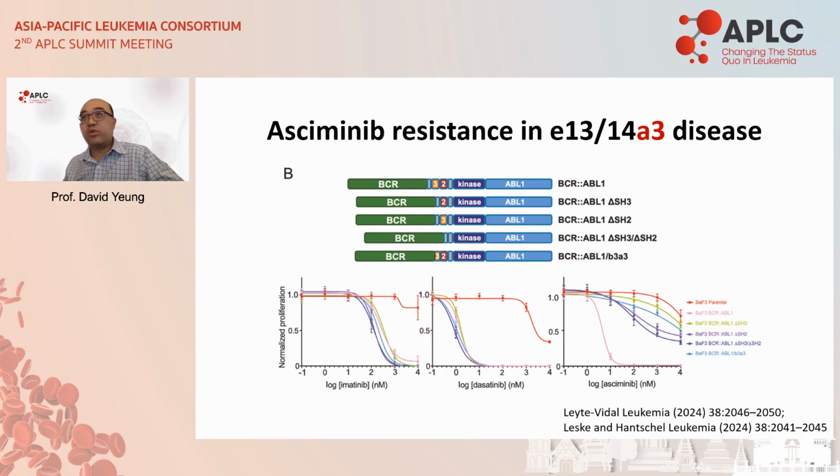And one of the most common clinical situations where that occurs is in the rare E13A3 or E14A3 transcript type. We see it about 1% of the time, or even less than that, but there is increasing data from 2 laboratories now to suggest that that is resistance.